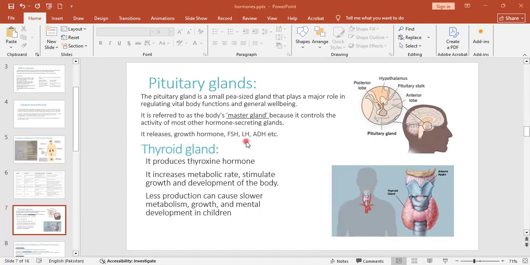LH is a similar thing and helps in the menstrual cycle, and ADH helps in the balancing of water. The thyroid gland helps in the production of thyroxine, and it deals with the metabolic rate, helps in the body growth rate and the development of it.